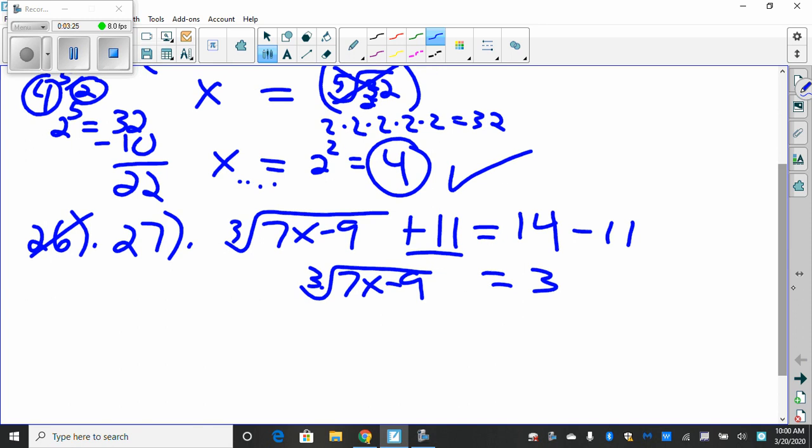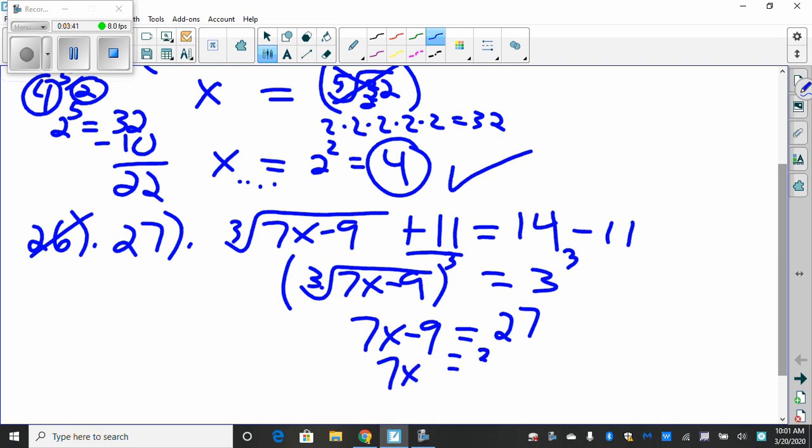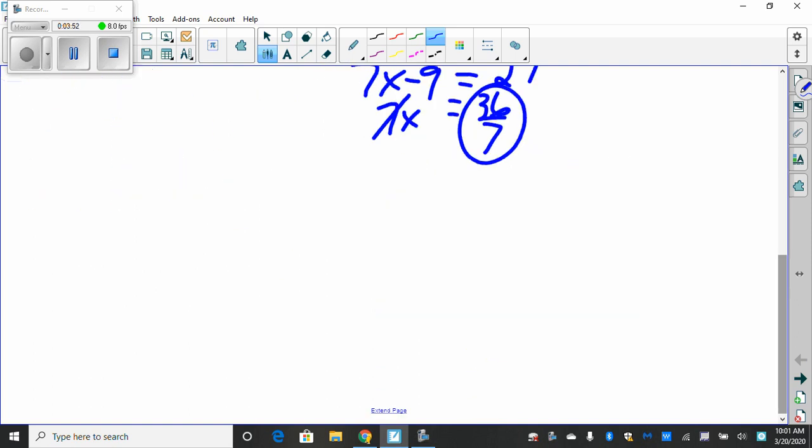Well, I've just got one radical sign isolated on one side, so I'm going to undo cube rooting by cubing, leaving me with just 7x minus 9. And then over here, I've got to cube that side also, which is 27. And then adding the 9 would give me 36 for 7x, and then divide out the 7. If you check that answer, which I did before, I won't waste your time with it now, it does in fact work. So that's that.